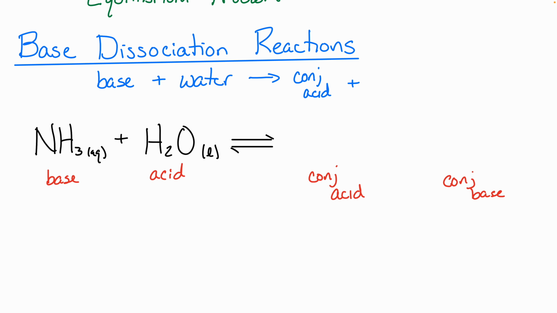Depending on whatever my base is, that will tell me my formula for my conjugate acid. In this case, this ammonium ion, NH4+. But we always get the same conjugate base in these base dissociation reactions, which we've got a fancy name for, hydroxide.